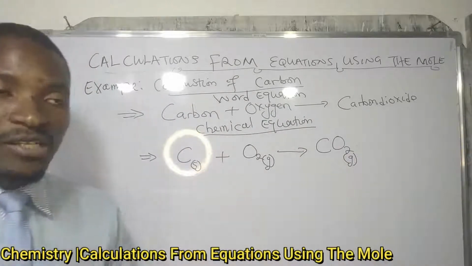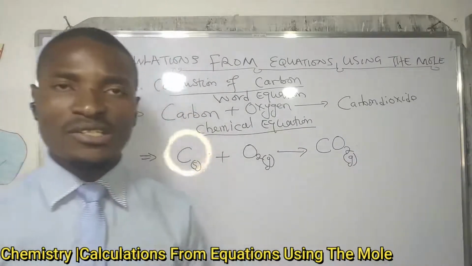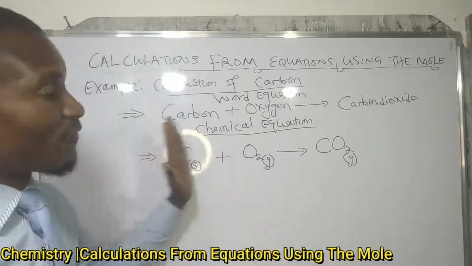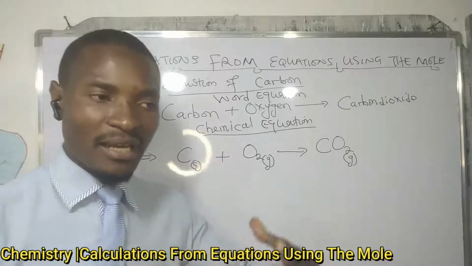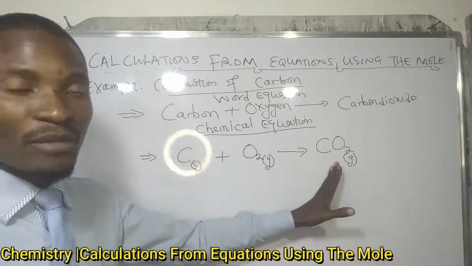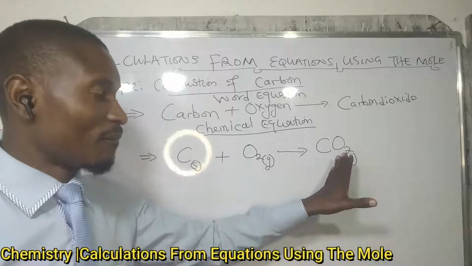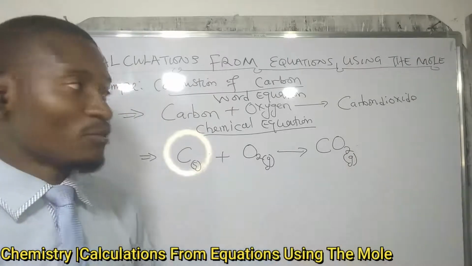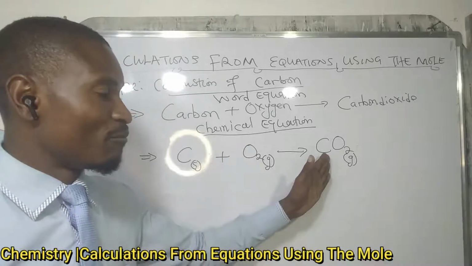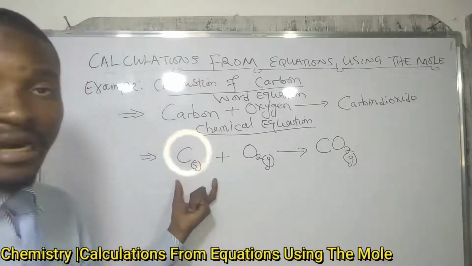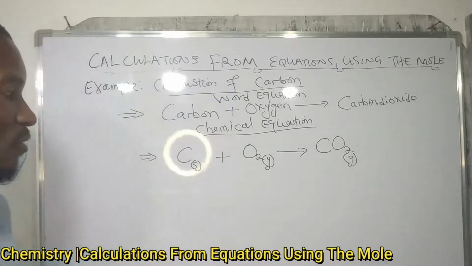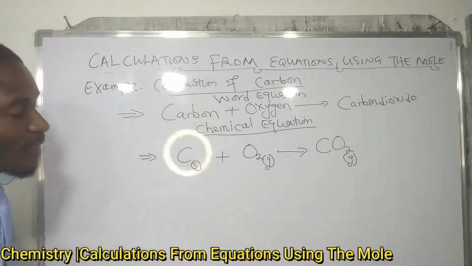Now I want you to understand that we are viewing the mole concept by using a chemical equation. We want to know how much, in terms of mass, carbon dioxide has been produced, or how many moles of carbon dioxide have been produced from reacting carbon and oxygen.